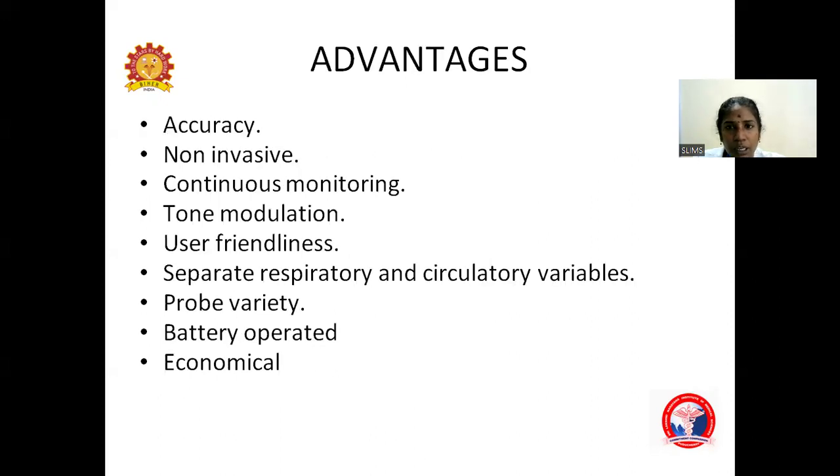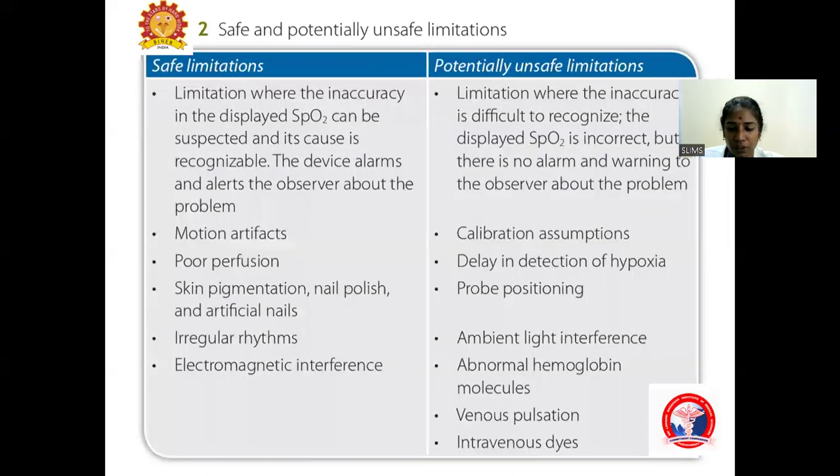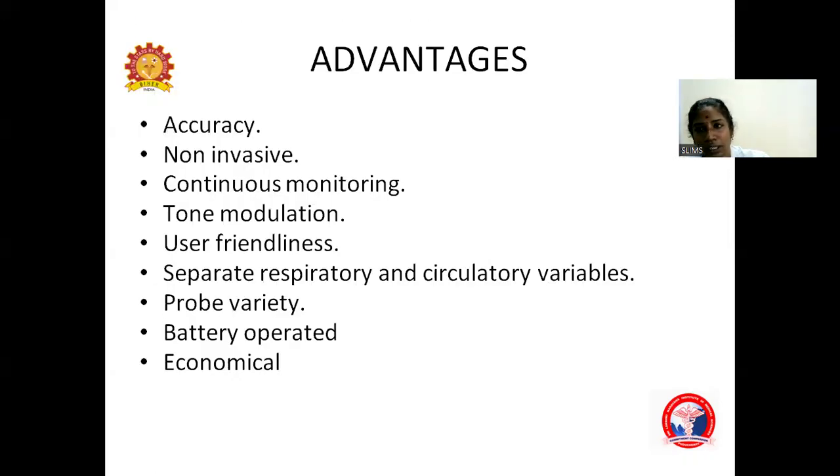Then moving on to the advantages of the pulse oximeter. It is an accurate instrument and it is non-invasive. We can continuously monitor, we can tone the modulation, and it is user friendly. It separates the respiratory and the circulatory variables, we have various probe varieties, it is battery operated, and it is economical. Okay, so these are all the advantages.